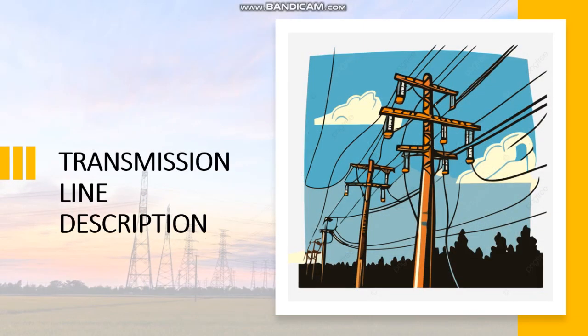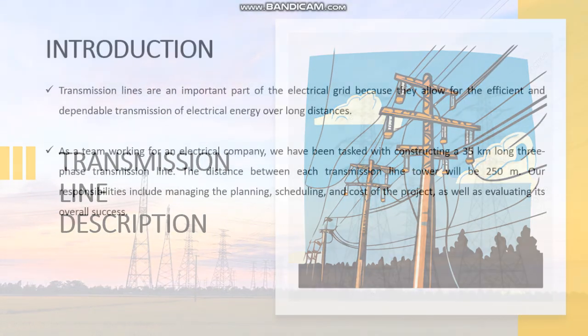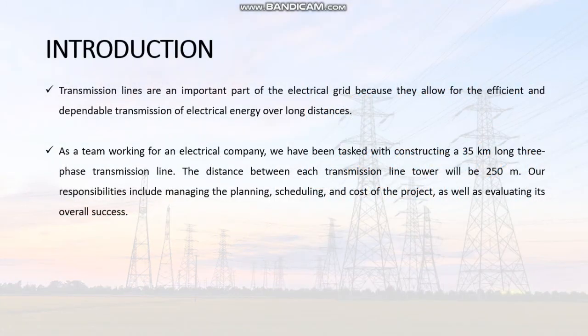Okay, so what is a transmission line description? Why are transmission lines very important in our daily life? Transmission lines are an important part of the electrical grid because they allow for the efficient and dependable transmission of electrical energy over long distances.